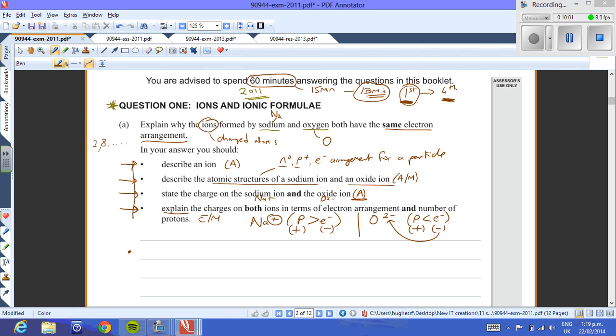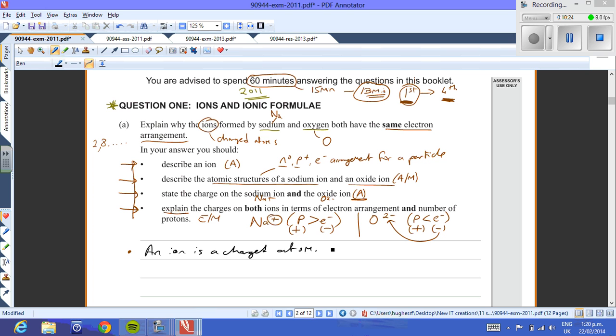Now, in lesson yesterday, I said you can describe an ion simply as: an ion is a charged atom. And some of you might be happy with that definition, and I would be quite happy with that definition, but we could write more. Now, the golden rule with NCEA is if you can write more to support your answer, then do it.